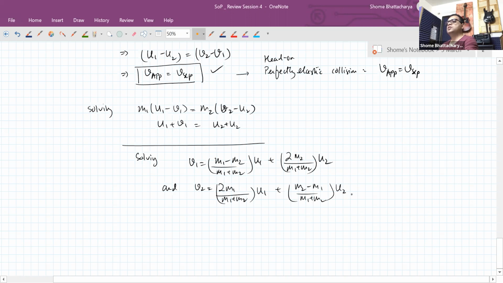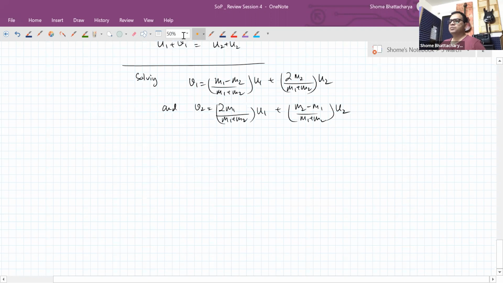So these are the generic values of V1 and V2 in terms of U1, U2 and their masses, which we can generate from the above conditions of the collision being head-on as well as perfectly elastic. Now we can look at certain interpretations of this, but before that, let's start with a numerical example of this application.